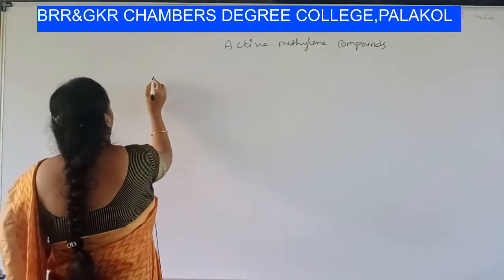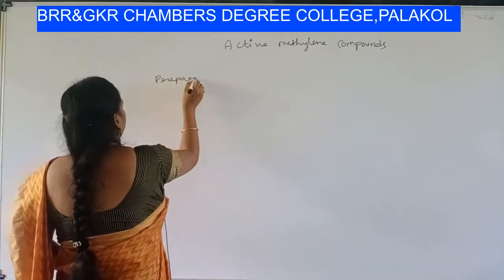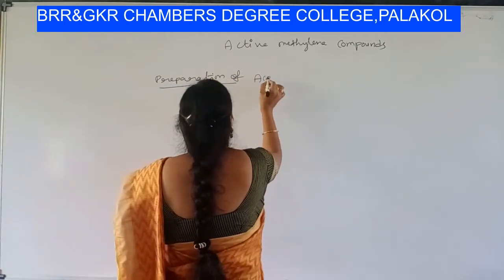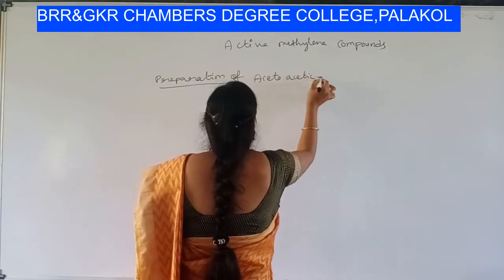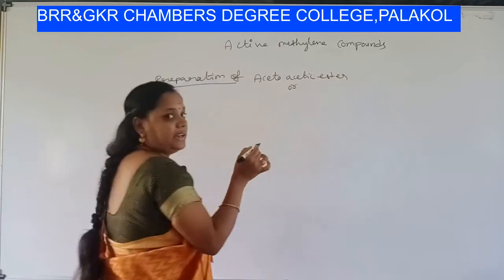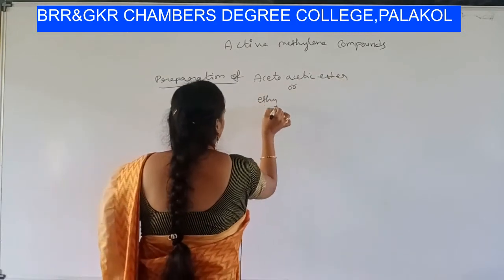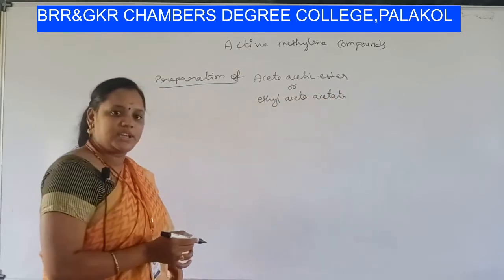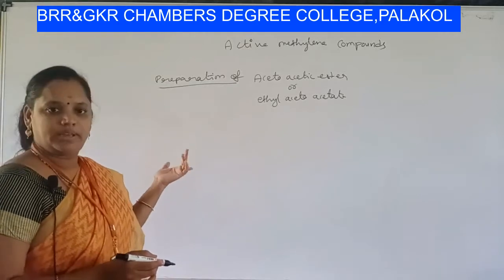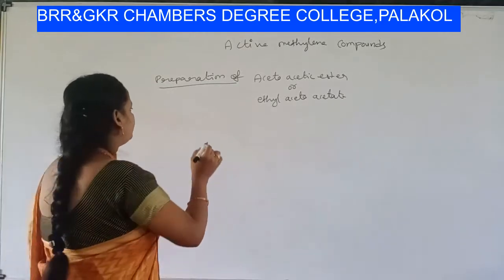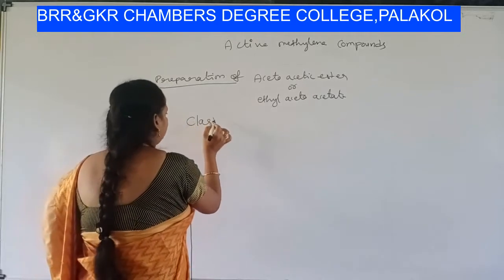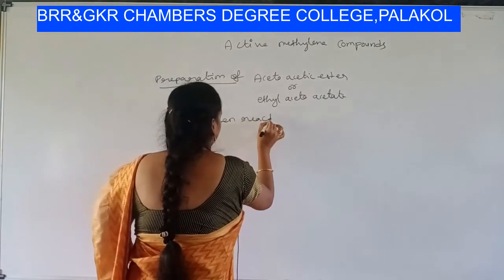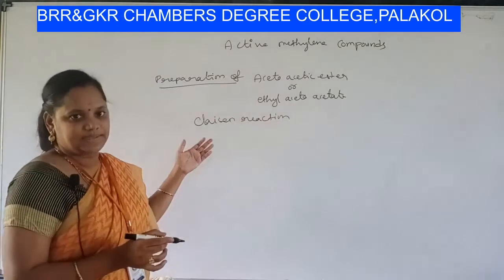Preparation of acetoacetic ester, the other name is ethyl acetoacetate. To prepare this we use the Claisen reaction.